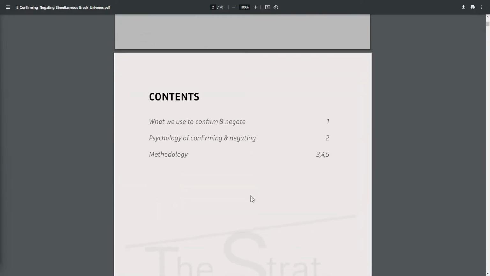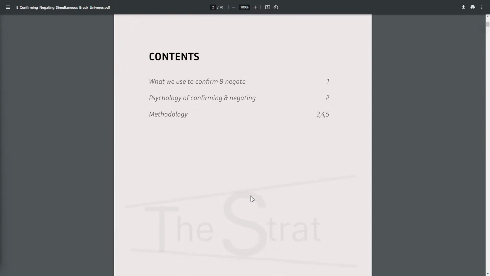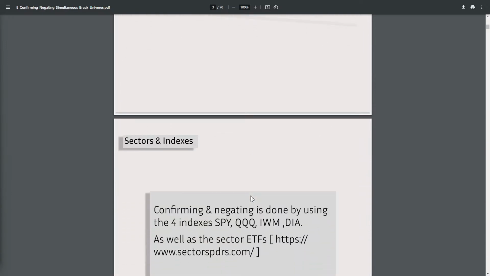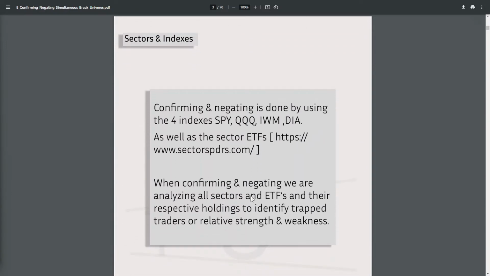What we use and look for to confirm and negate, psychology of confirming and negating, and the methodology behind the logic there. So sectors and indexes. Confirming and negating is done by using the four indexes: SPY, QQQ, IWM, and DIA.